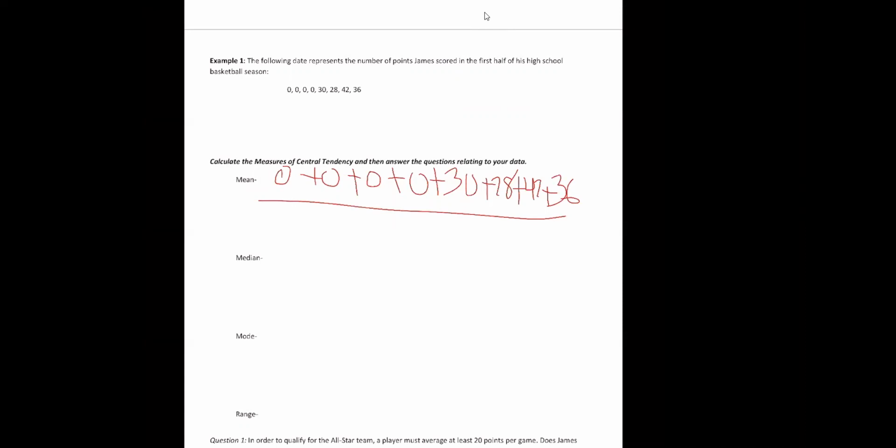If you just count, there's 1, 2, 3, 4, 5, 6, 7, 8 numbers in our data set. Just be careful when you put this in your calculator. You're going to want to put that top part in, press equals, then divide by 8. If you do that, you should get 136 if you add the top. And then if you divide that by 8, you should get that your mean is 17.